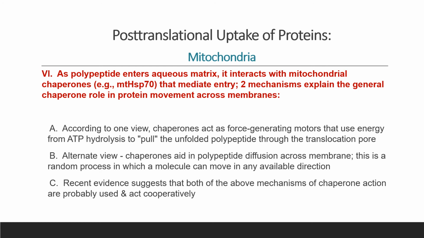The alternate view states that chaperones aid in polypeptide diffusion across the membrane, a random process in which a molecule can move in any available direction. Recent evidence suggests that both mechanisms of chaperone action are probably used and act cooperatively.